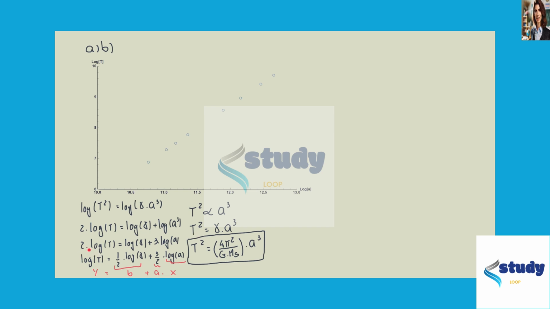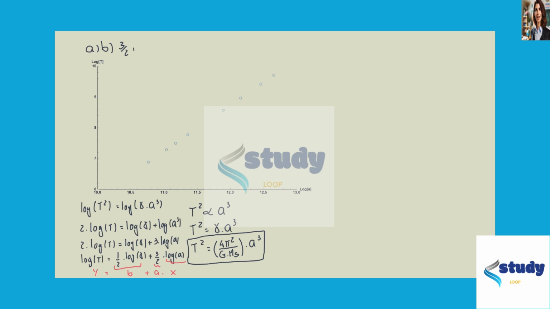The logarithm of t is equal to 1/2 times the logarithm of that complicated coefficient plus 3 over 2 times the logarithm of a. Then, when we look at this equation like a first degree equation, we see that the linear coefficient of that straight line should be 3 over 2. So this is the expected value.